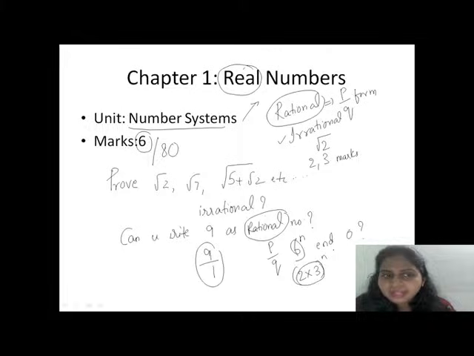In this 6 marks, this question is compulsory. If you didn't study it, please practice and try to remember. This kind of question will be pakka. And 1 mark questions, as I told you, these are the types of 1 mark questions that will be given. Watch our video and practice.